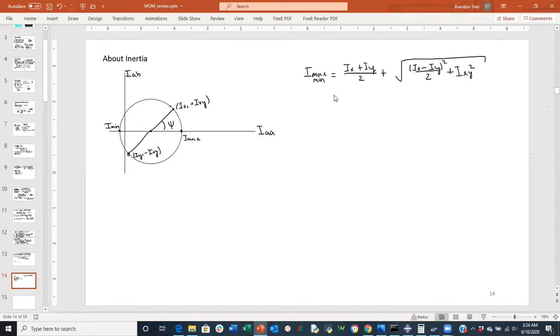Now you probably want to know what orientation from the primary inertia axis in the x and y direction you need to angle your part in order to achieve those maximum moments of inertia without having a cross second moment of inertia.